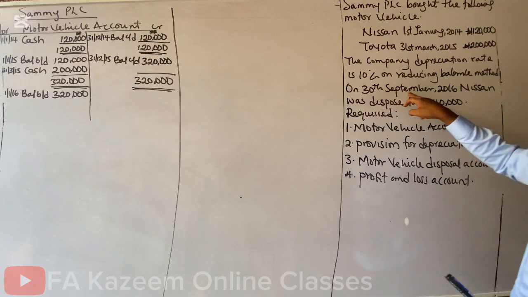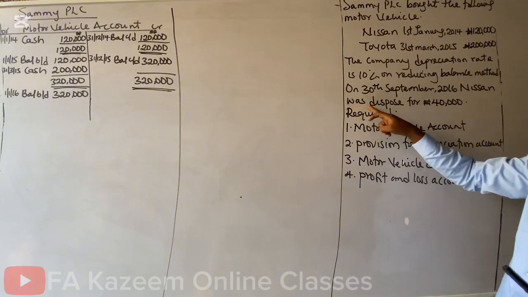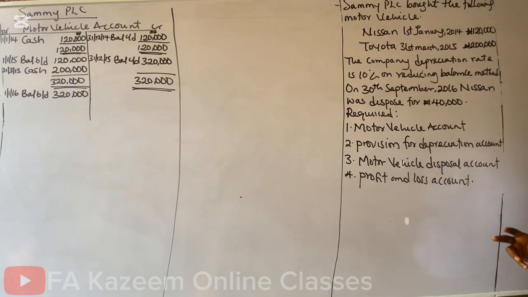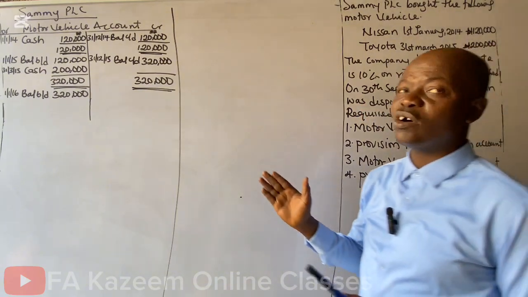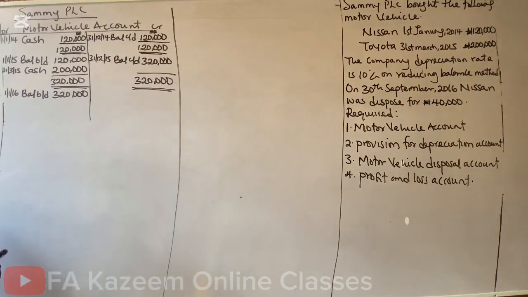But on 30th September 2016, Nissan, the first vehicle, was disposed for 40,000. Meaning the first vehicle was no longer in existence as at 30th September 2016. Out of the two vehicles, one has been disposed.